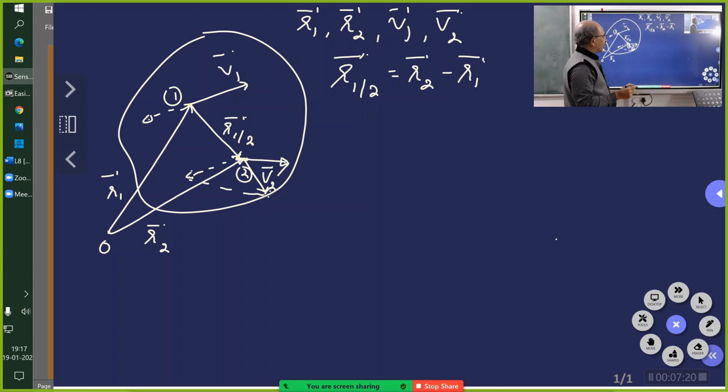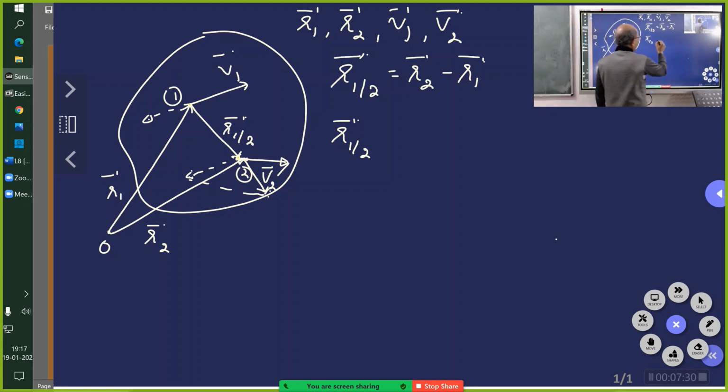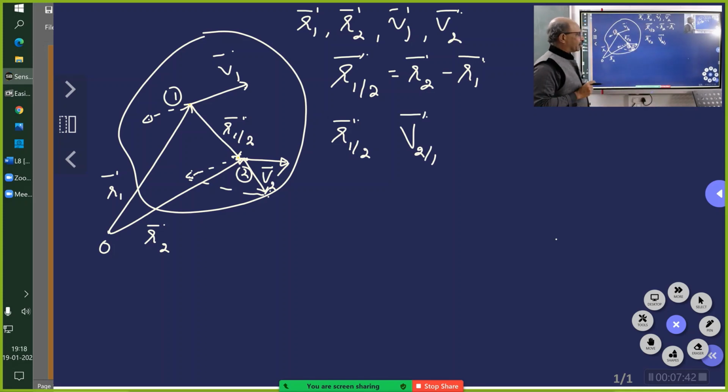And immediately you know from the theory that we have learned, R12 bar is one vector, and what is that vector? That is this vector. And V21 bar, what is V21 bar? Velocity of 2 with respect to 1.